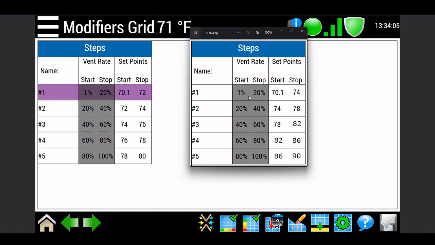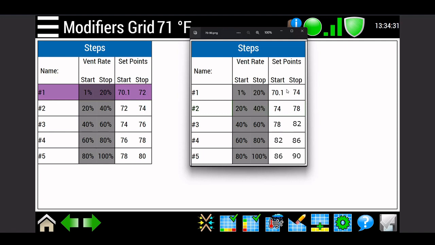So if we take a look here, the actual temperature is 72, which is normally 20%. But on our adjusted table, 72 is, rather than being at the top, the maximum for our step number 1, now in the middle of our step number 1.